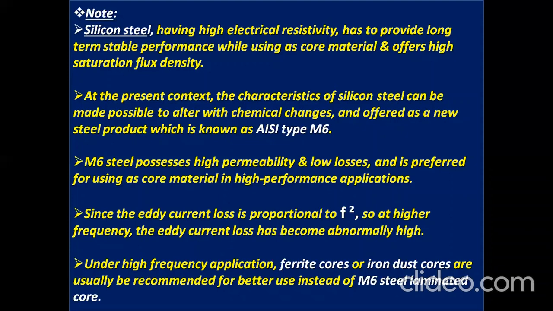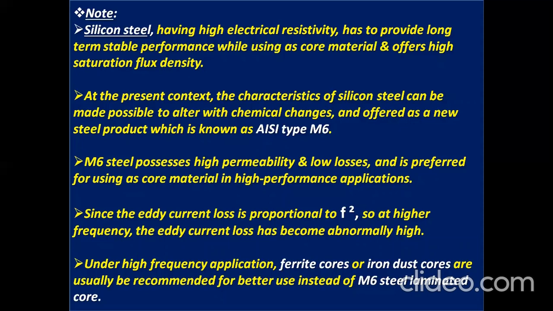At present, the characteristics of silicon steel can be altered with chemical changes, offering a new steel product known as AISI type M6. M6 steel possesses high permeability and low losses and is preferred as core material in high performance applications.